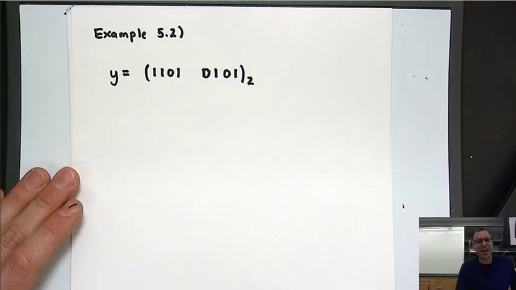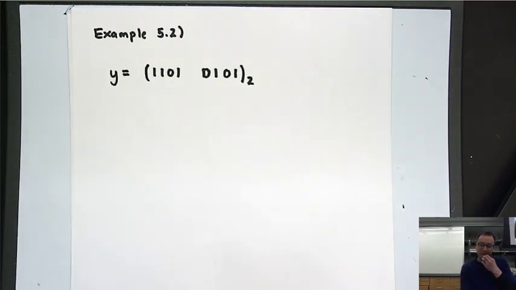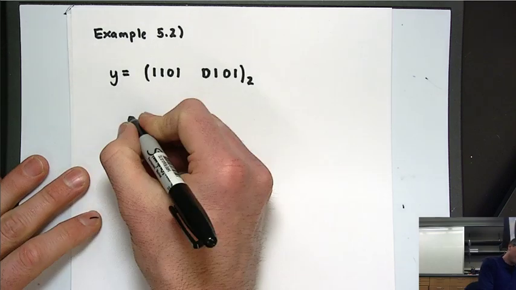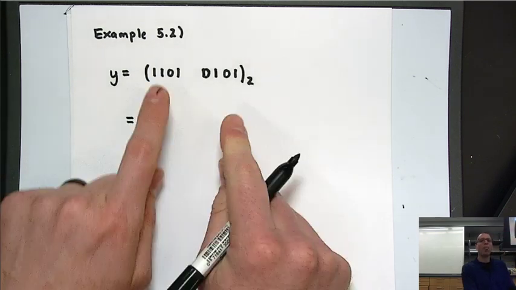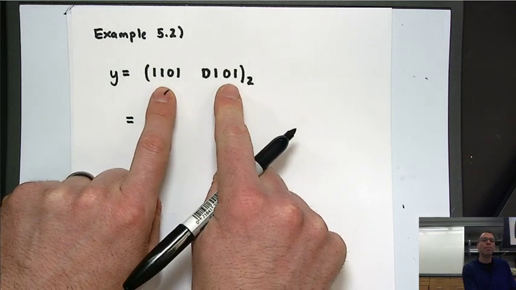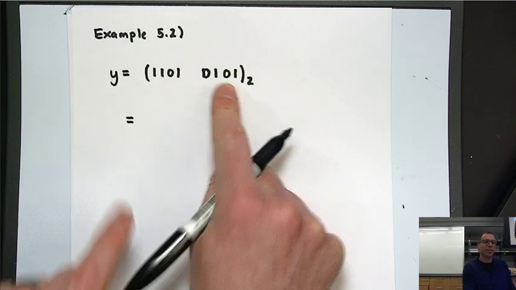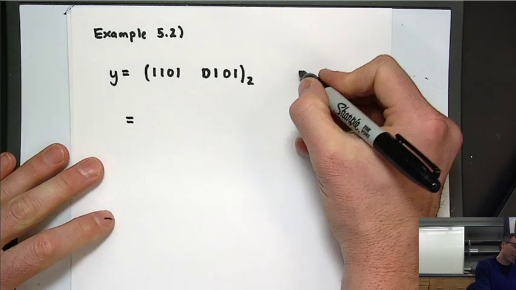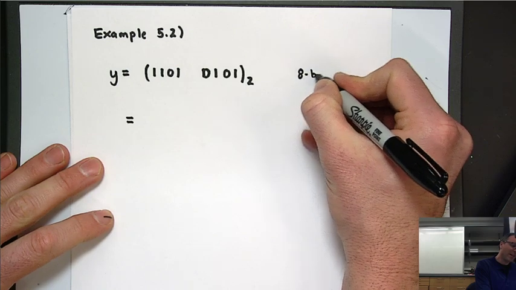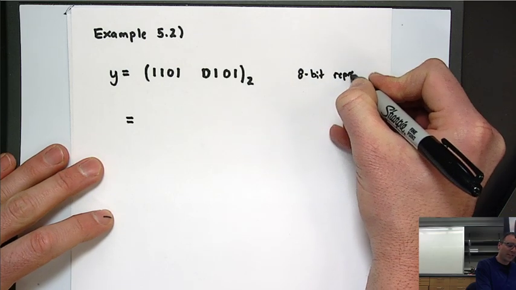Let's think about that as a base 2 encoding. If that is a base 2 encoding, how many total binary digits do we have? Yeah, so this is what we call an 8-bit representation.